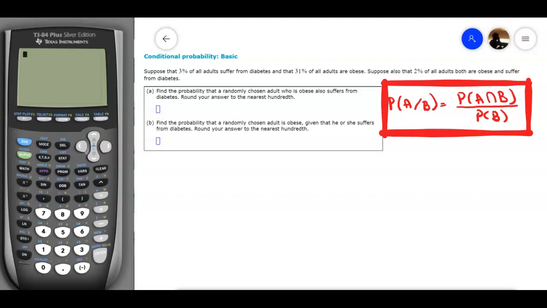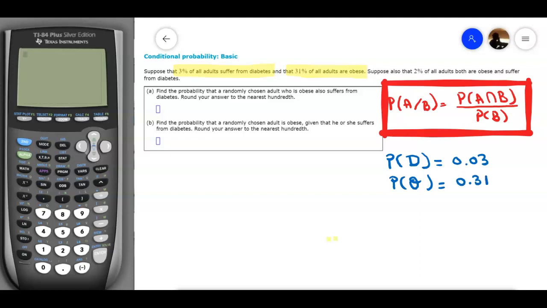The problem starts with some information. 3% of adults have diabetes. So we can start with the probability of D for diabetes. It's going to be 3%, which is 0.03. I put it in decimals. The second sentence gives you 31% of adults are obese. So that's the probability of O for obese, and it's going to be equal to 0.31.